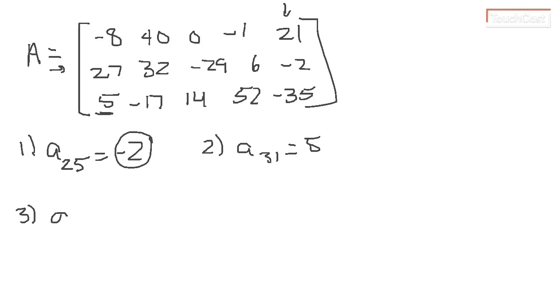The third element we're going to look for is A12. That's the first row, second element. That's 40. We're just going to finish filling in the questions we have on our note sheet. A34, that's third row, fourth element, that's 52.